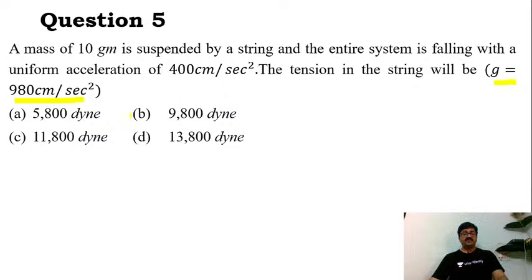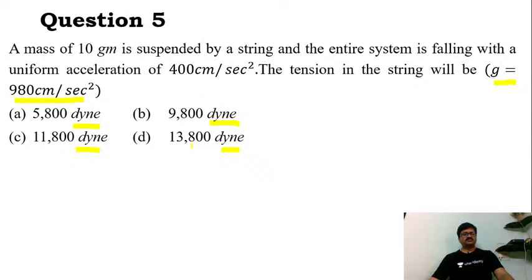So obviously our answer for force should be in the CGS system. If you take a look at the options, they are given in dyne, so we'll be using the CGS system for our answer.